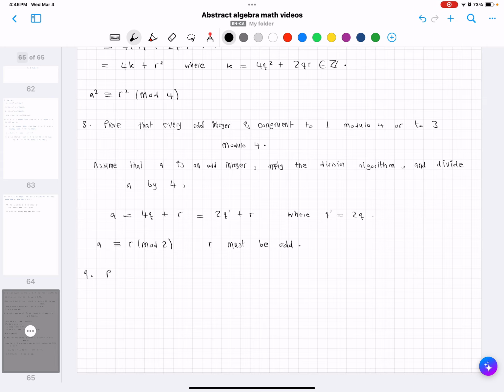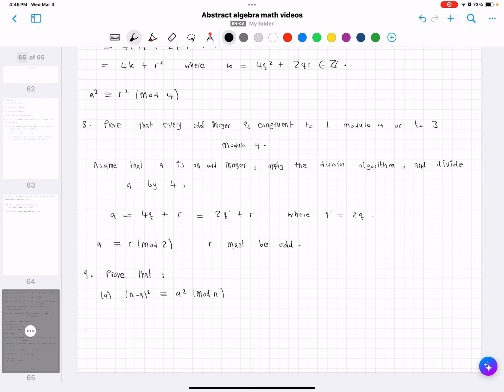Prove that n minus A squared is congruent to A squared mod n.